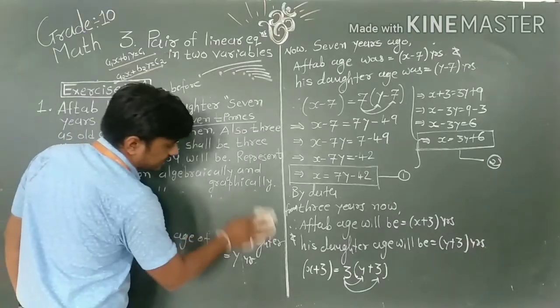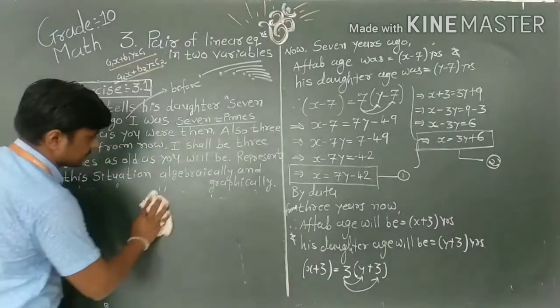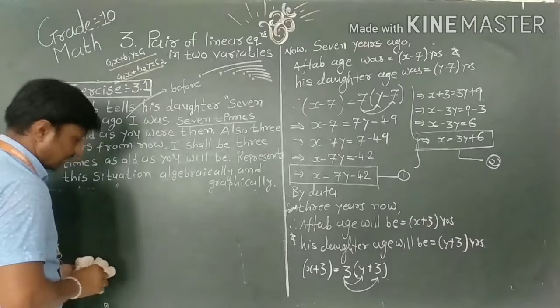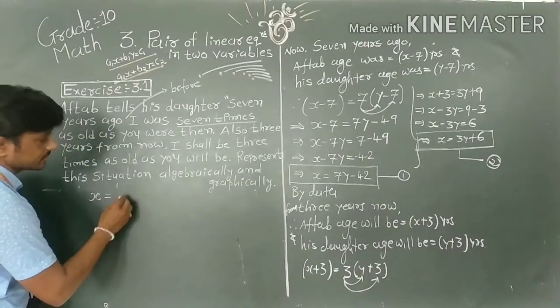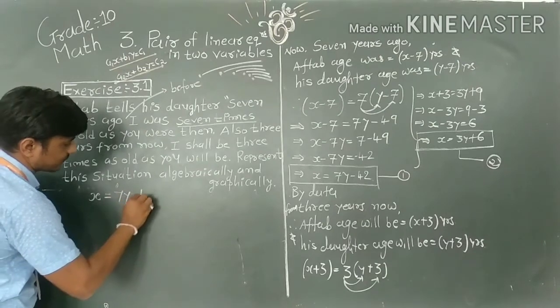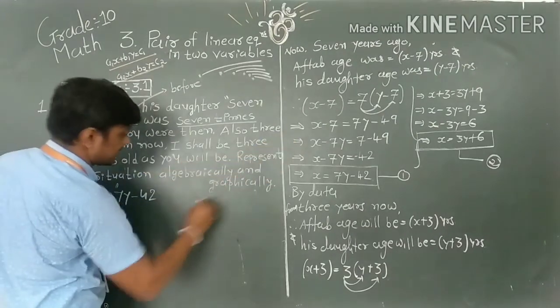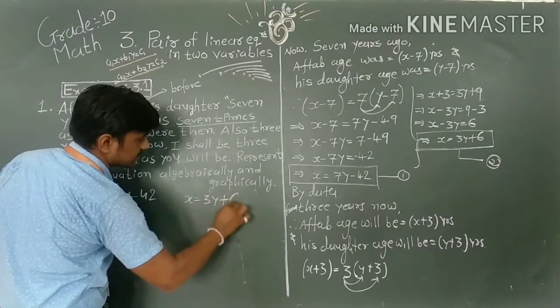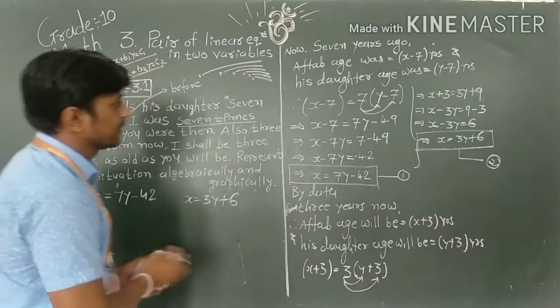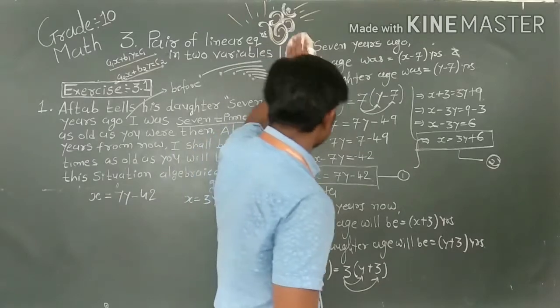First of all, we write the two equations here. Our first equation is x is equal to 7y minus 42, and the second one is x is equal to 3y plus 6. Okay, I rub out this one.